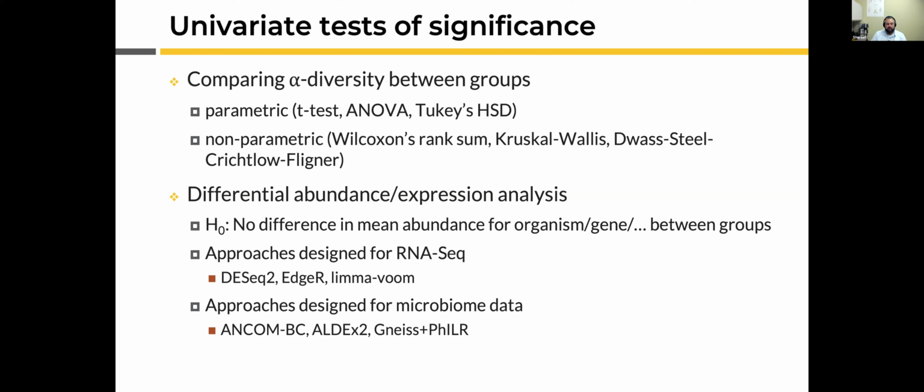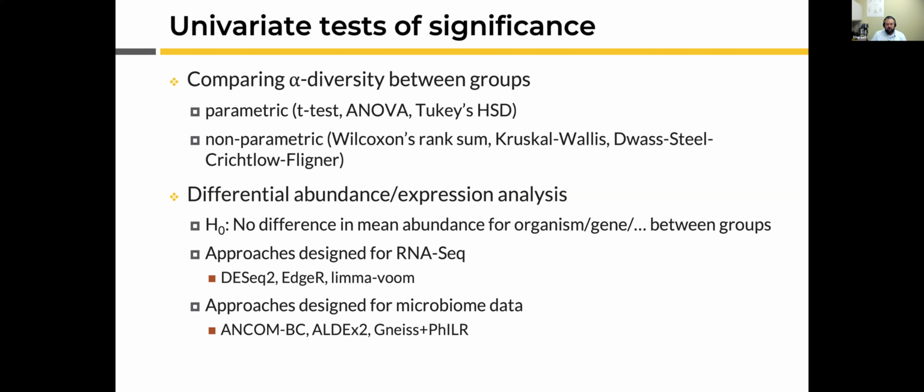Those would be parametric tests, which I just put up there for completeness, but in general for microbiome data, you're not going to have normal data, although there are ways around that. We'll get to that. So for most microbiome data, you're going to want to reach for non-parametric tests first.